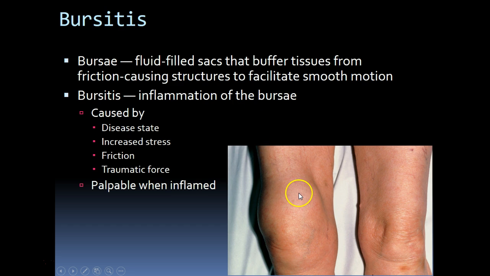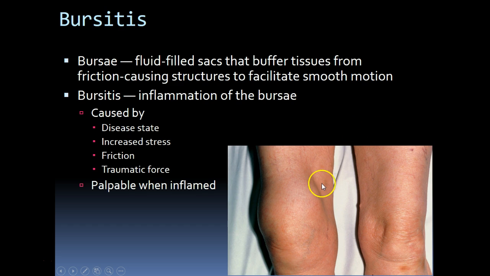It can be caused by several different things. What we most often see is it being caused by traumatic force. Yes, it can occur by friction, increased stress, and a disease state. But in the athletic or active population, most often it's us bumping up against something. So bumping our knee against something, bumping our elbow against something, and it causes that sac to, in essence, explode or blow up to protect that bone from fracturing.